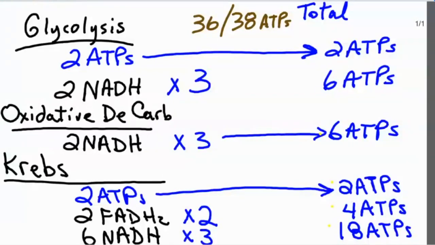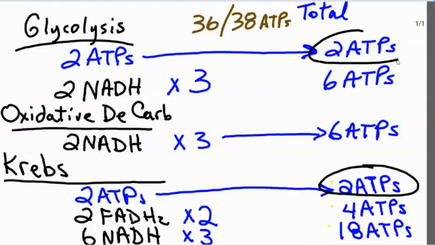Oh, by the way, get this picture. Let me do one more thing. I'm just going to put a couple of circles. Why? You'll tell me why. Why did I circle those two? Ah, here's how I like to say it.